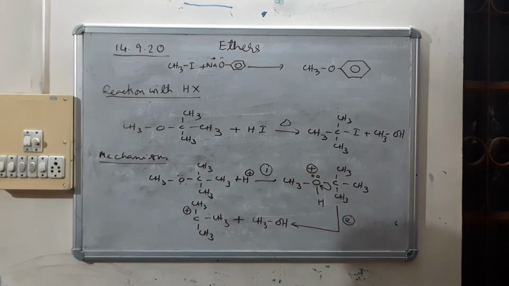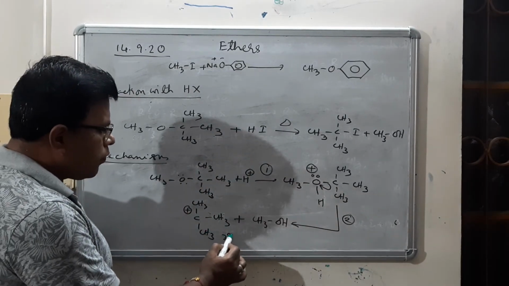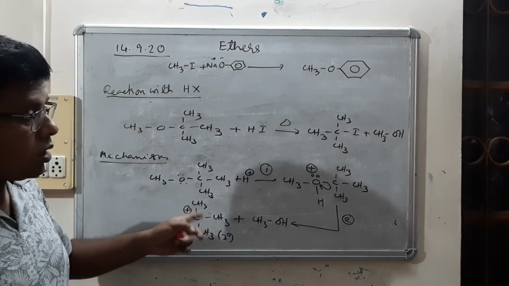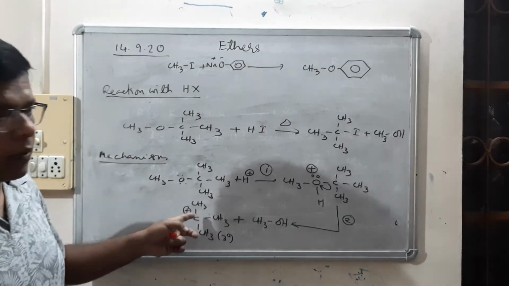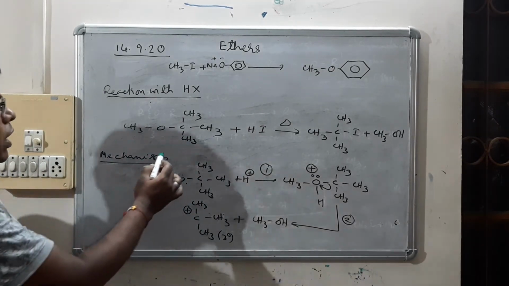So a carbocation results. Of course, this is a 3-degree carbocation, you can see. The reason why this is formed is because it is highly stable, it being 3-degree carbocation. So that is the reason why this mechanism is SN1 mechanism.